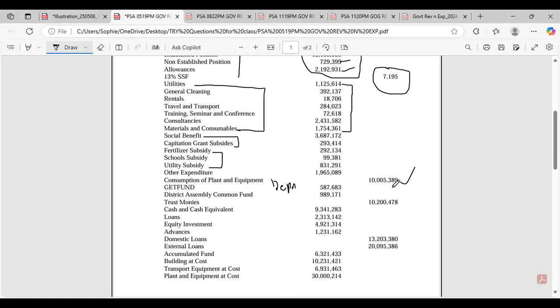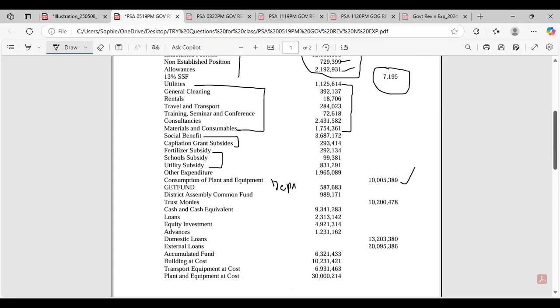Accumulated depreciation. So in this question, as we go on, there are some non-current assets that the question will ask us to calculate depreciation for. Accumulated depreciation simply means the previous depreciation from previous years. So whatever depreciation we calculate for the current year, we will add to this accumulated depreciation, and then take the total from the cost of the asset.